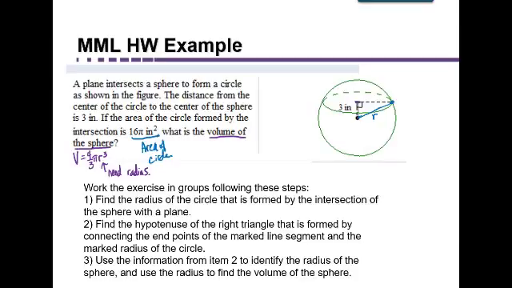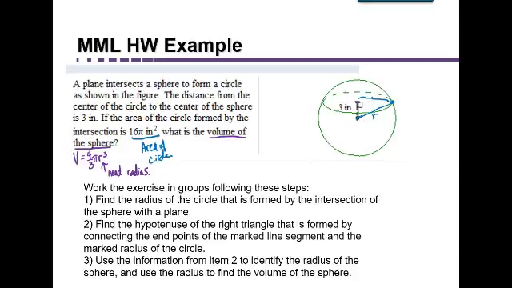So the technique that we're going to use to solve this problem is we're going to find the radius of the circle. The radius of the circle would be this distance here. And then we're going to find the hypotenuse of the right triangle that I just described, that's formed by connecting the endpoints of the marked line segments.